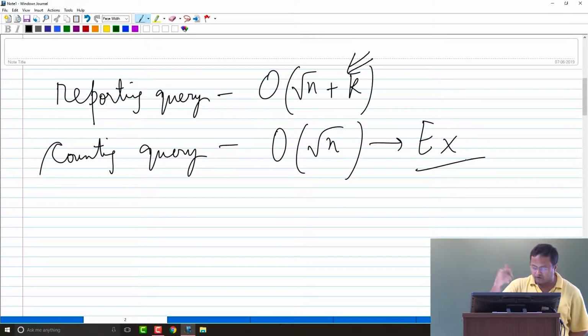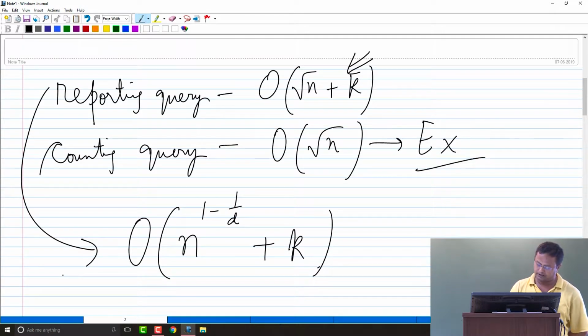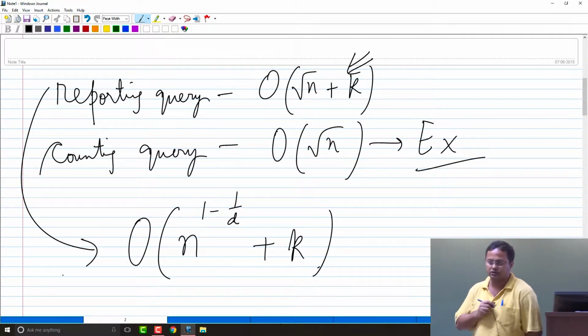One can think of even extending this to higher dimensions, where I think the complexity is, if I am correct, something like this plus k, right. You place d equals 2, it is half, no. So, if your points are in d dimensions, think of building a structure like this.